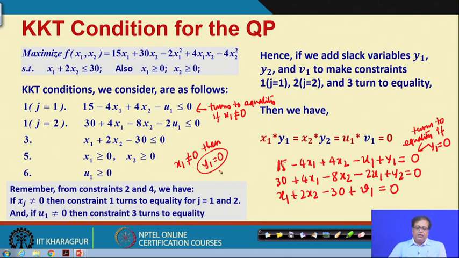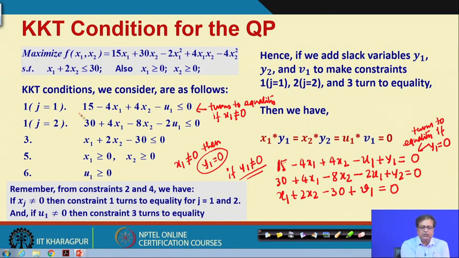But if you look at it the other way around, if y1 is not equal to 0, then this equation has not turned to equality. That means this is valid. Then what will happen to x1? We had a constraint where this part multiplied by x1 equals 0.